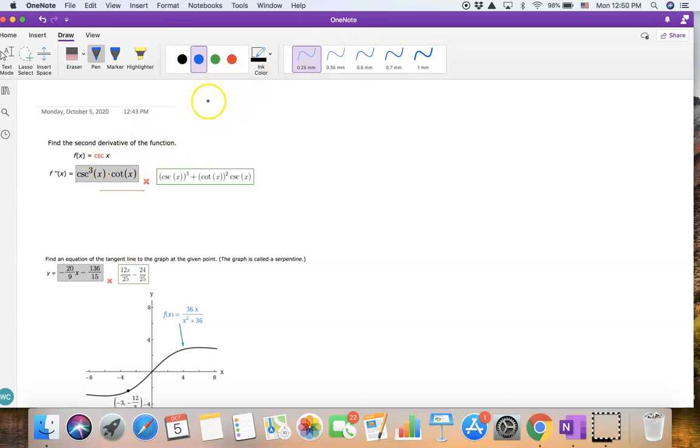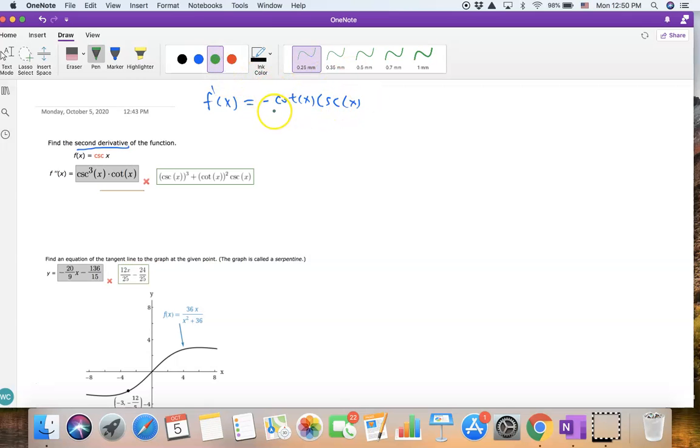To find the second derivative, we will need to know the first derivative. The derivative of cosecant x is negative cotangent x times cosecant x. Then to find the second derivative, we take the derivative of this result.